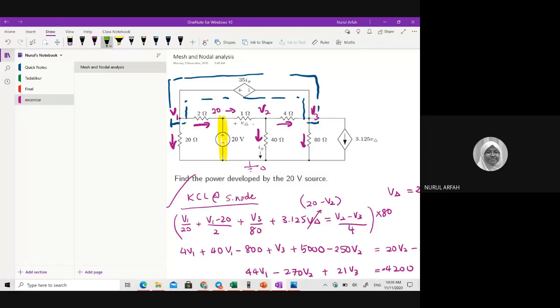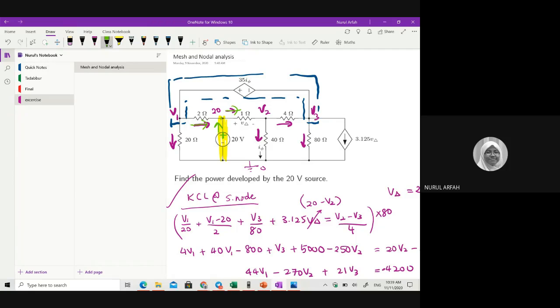If you follow passive sign convention, what does it say? Current is leaving the positive or negative for an active element? Positive. Yes, it leaves the positive here. So you should just follow this, and then you have this current, this current, and this current.